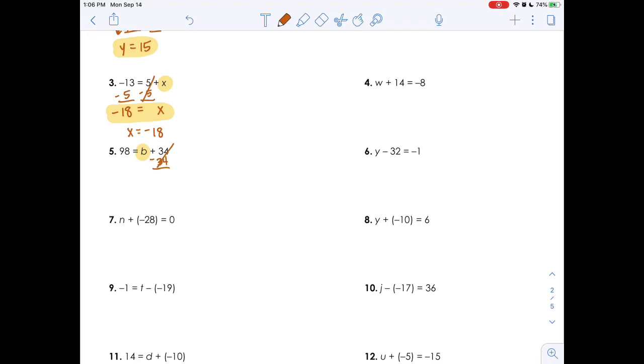If I subtract 34 on the right, I must also subtract 34 on the left. 98 minus 34 will give me 64, which equals b is the only thing I have remaining on this side. Once again, if you want to flip it back to say b equals 64, that is fine. These mean the exact same thing.